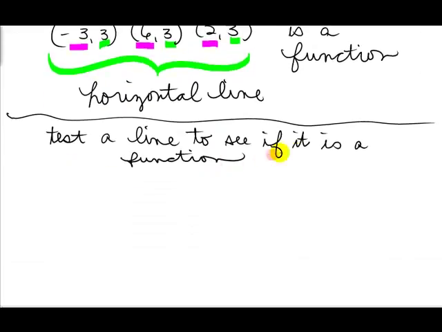So there's another test to see if something's a function. If we want to test a line to see if it is a function, we have what is called the vertical line test. And I'm talking about a line that is graphed.